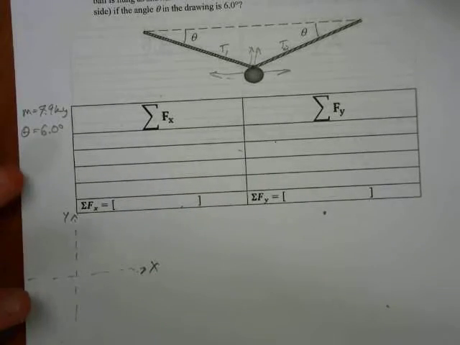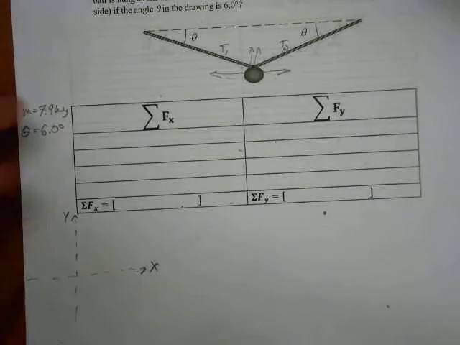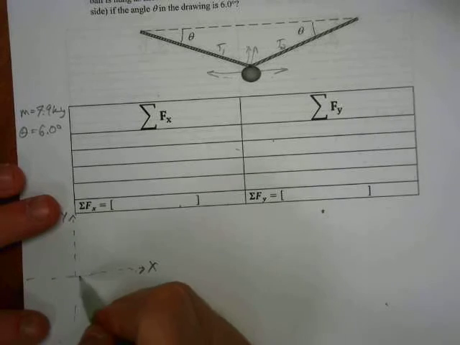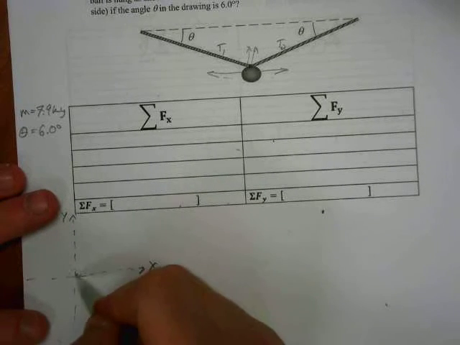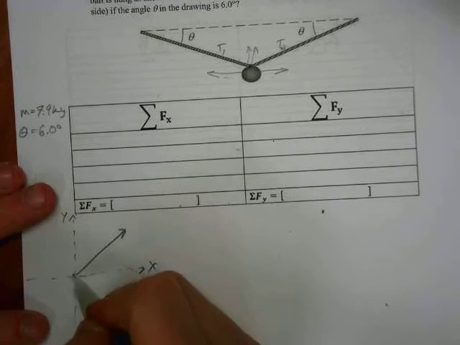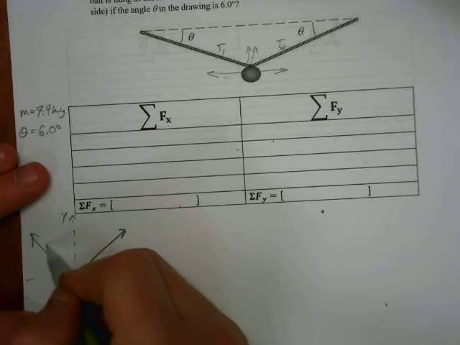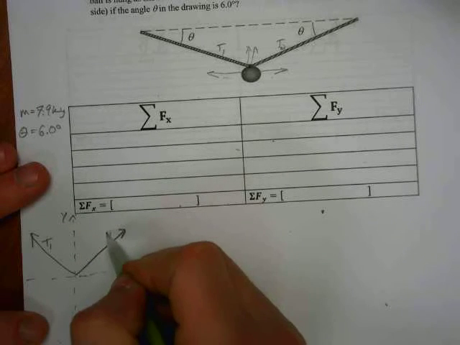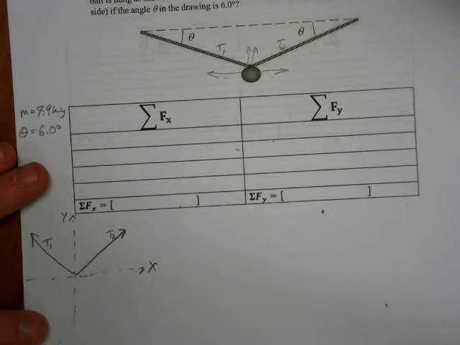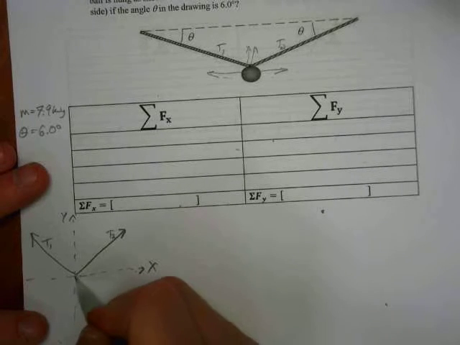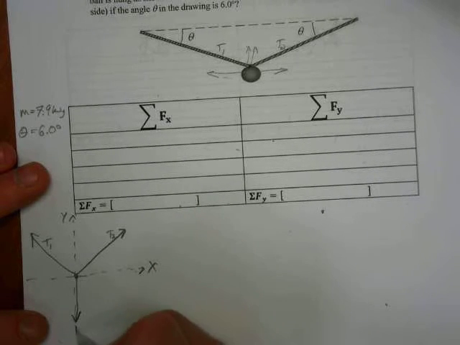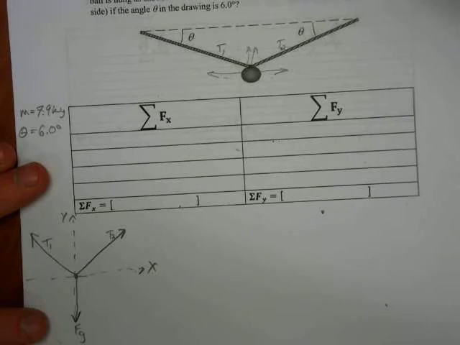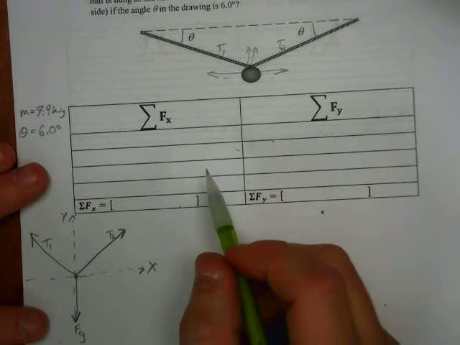All I'm doing is breaking down all my forces and summing up all the components, so I'm just following the protocol here. We have a force in this direction, T1, T2. We also have gravity, don't forget gravity, Fg.